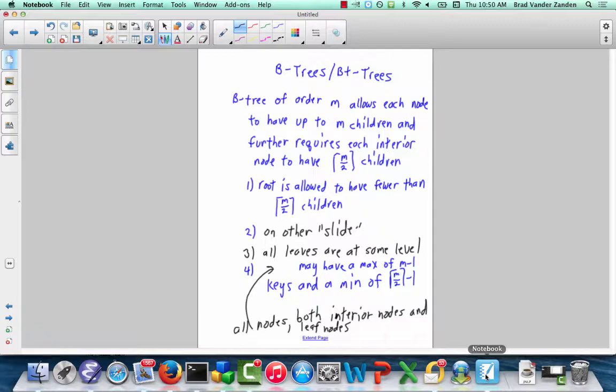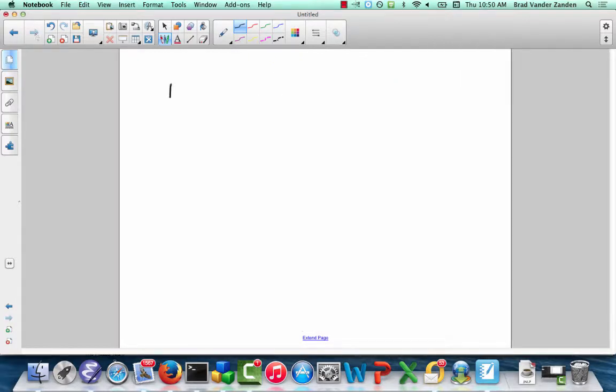Okay, so I also wrote up here 2 different things. I had B trees and B plus trees. The question is, what's the difference between them? The difference is that B trees store records, which are values, in interior nodes, as well as the leaves.